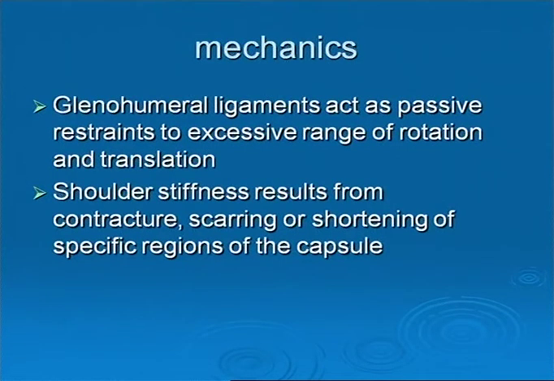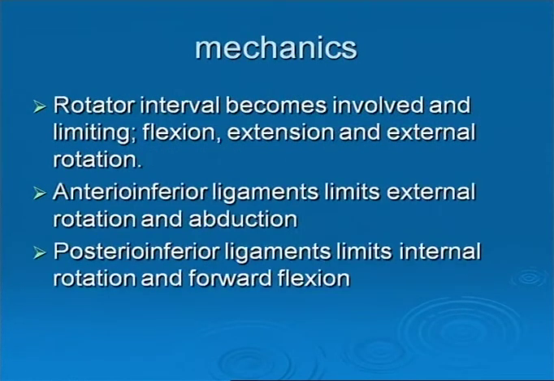Glenohumeral ligaments act as a passive restraint to excessive rotation and translations. Shoulder stiffness often results from contractures, scarring, and shortening of different regions of the capsule.